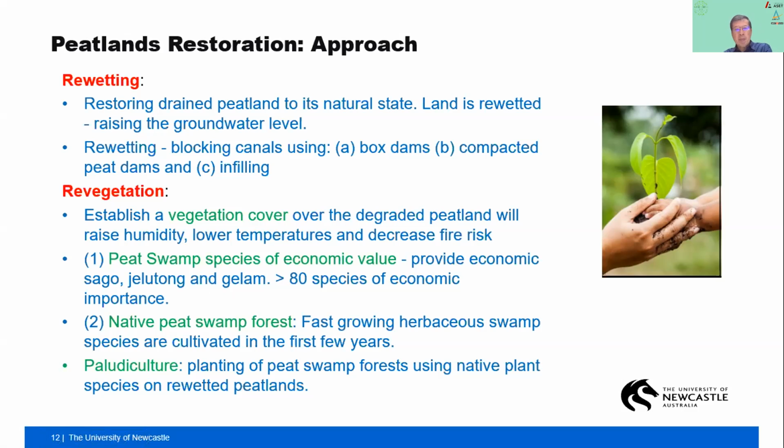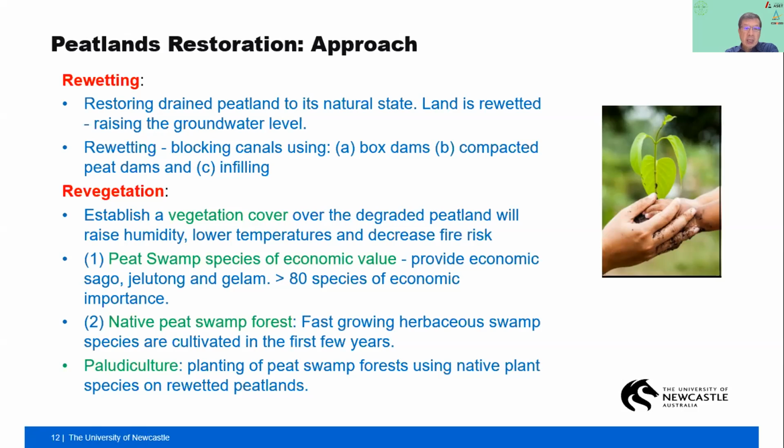So sago, for example, which we'll see later, is a crop that provides sago flour that is of high value for the villagers to thrive as well as sell as an income generator. And they're also naturally occurring in peatland areas. So they will grow in wetted soils, in peatland soils, okay, rather than in drained areas.